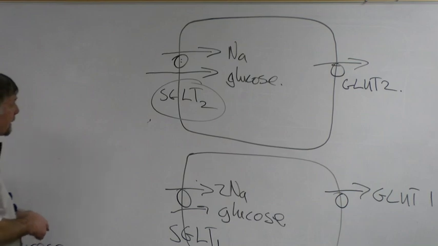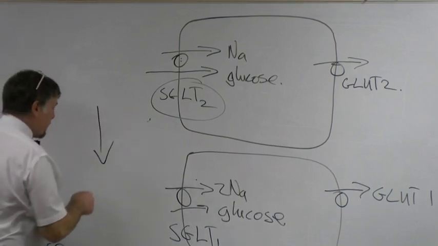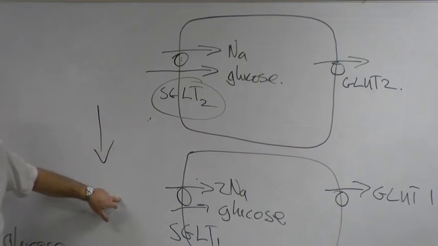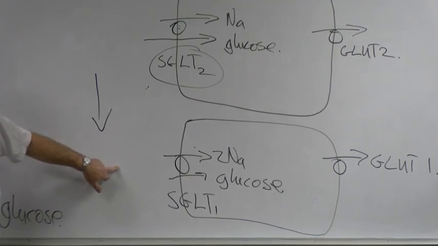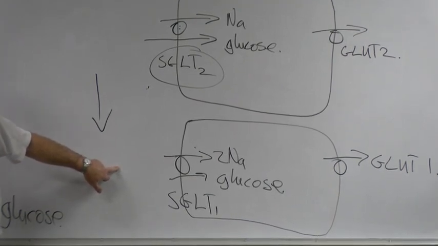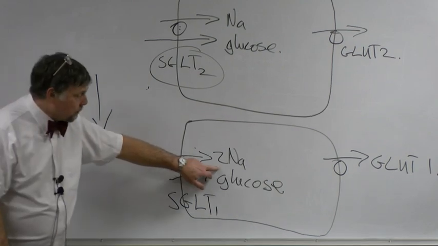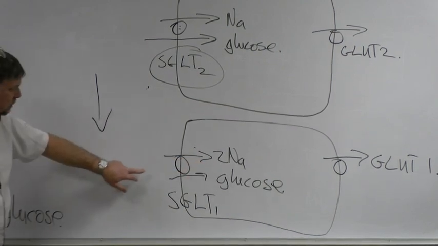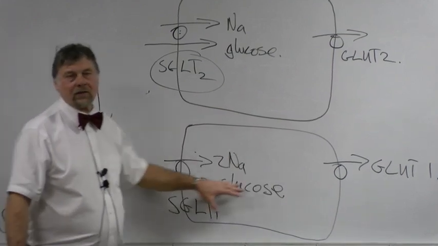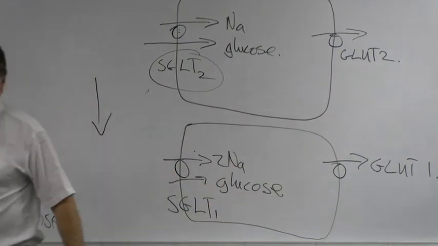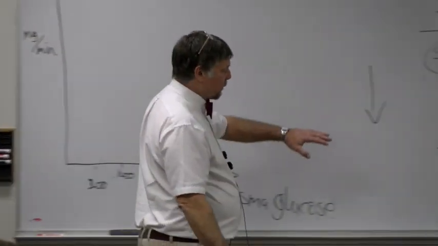By the time you get down to the end of the proximal tubule, of course there's a lot less glucose because you've reabsorbed most of it. And so you need a high affinity transporter, which needs more sodium to make it work, to squeeze out the last little bit of glucose. And indeed, glucose reabsorption is close to 100%, largely because of this final squeeze.